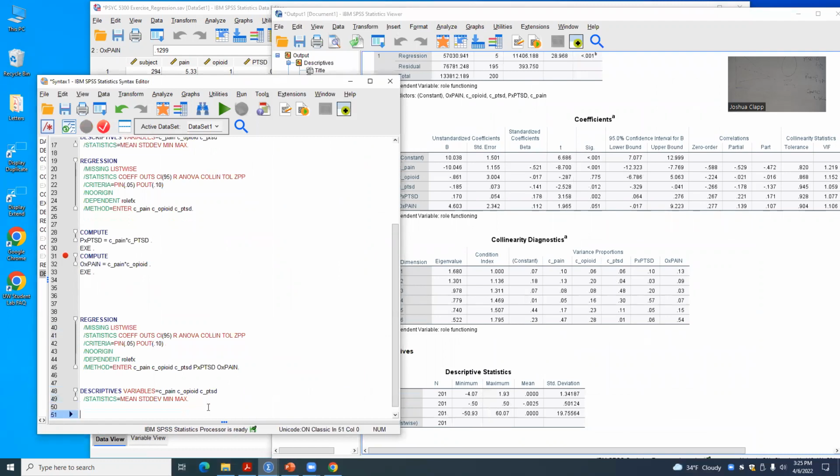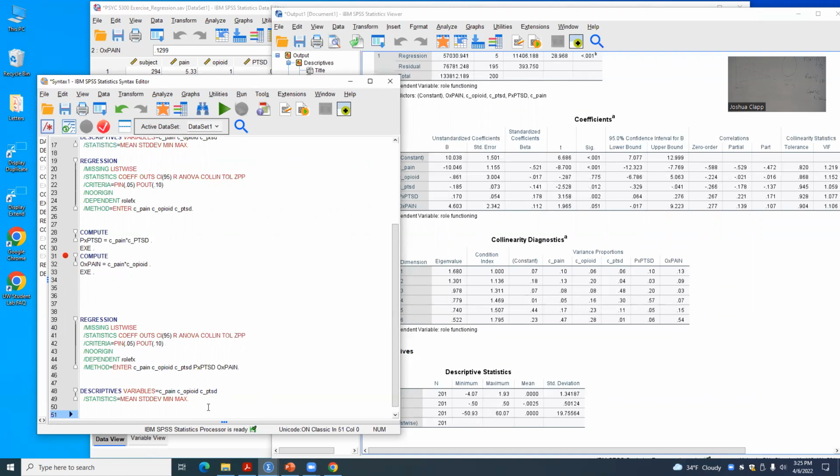And what are my two moderators in this model that I'm interested in, the way we've set it up, at least? What do you think, Basha? Opiate use and pain, perfect, right?